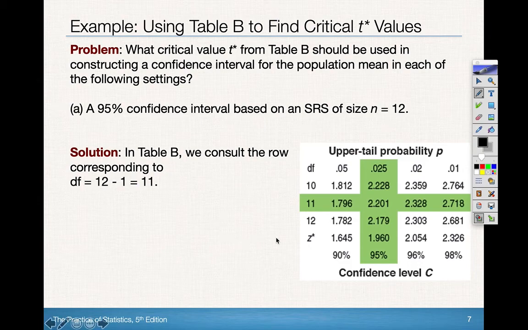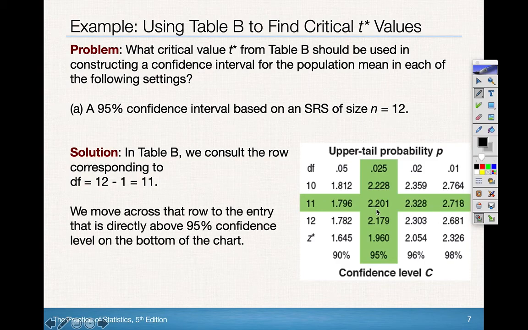But I'm still showing you anyway. The table asks for how many degrees of freedom, and then it asks you what's the tail end probability. Remember, from last section, 95% is the center 95, so there's 2.5% on each tail, and you would just find where they overlap. Sample size 12 is 11 degrees of freedom, and you would find your t-star.